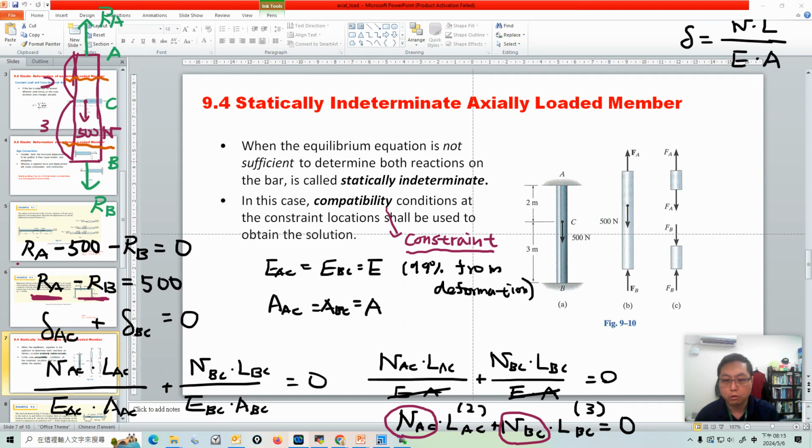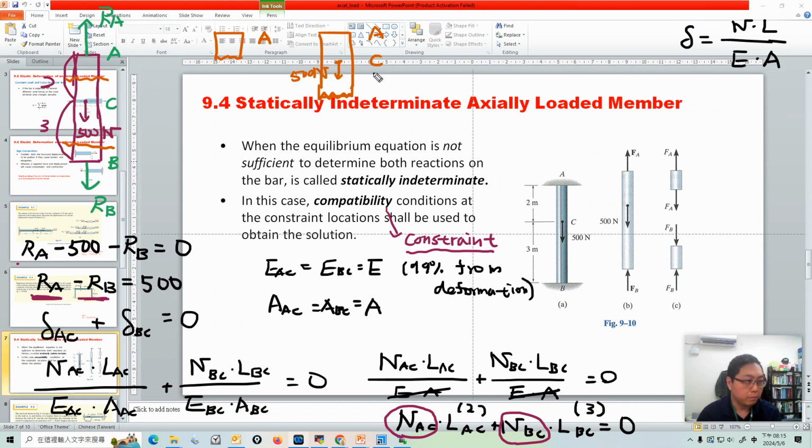So let's draw the section balance here. This is A, and this is C, and this is the 500 Newton.